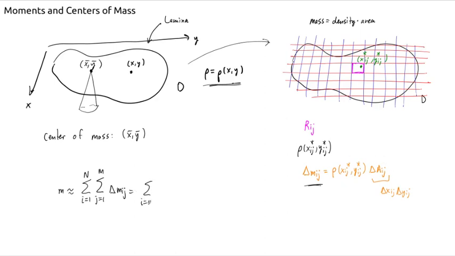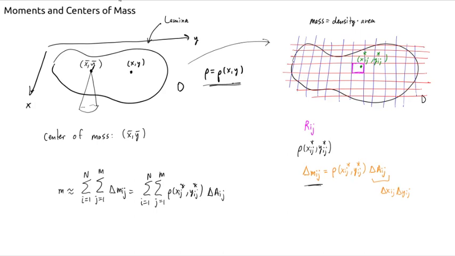So the mass is approximately equal to this double sum over all the rectangles that we've used to chop up this region. And again, it's rho of x_ij star, y_ij star, this is just a test point, times delta A_ij.